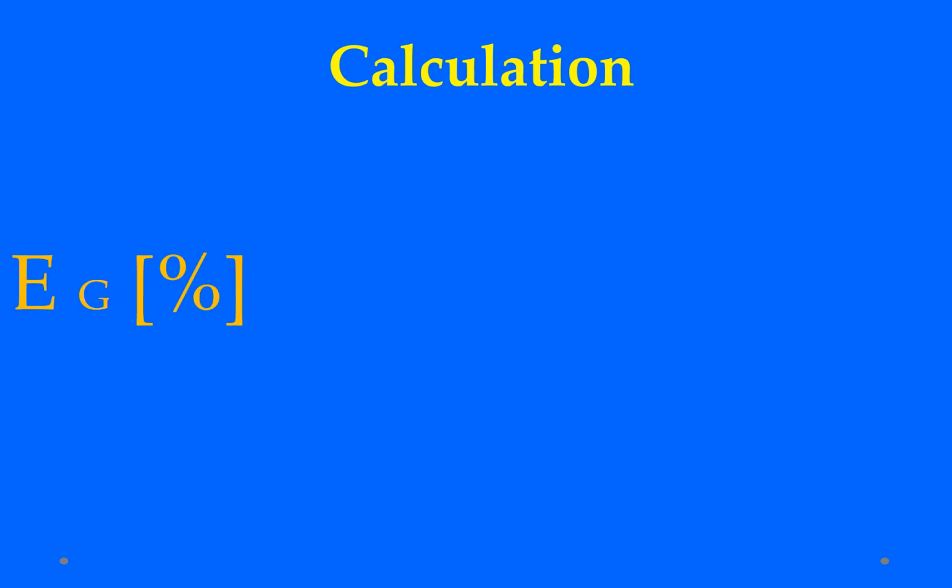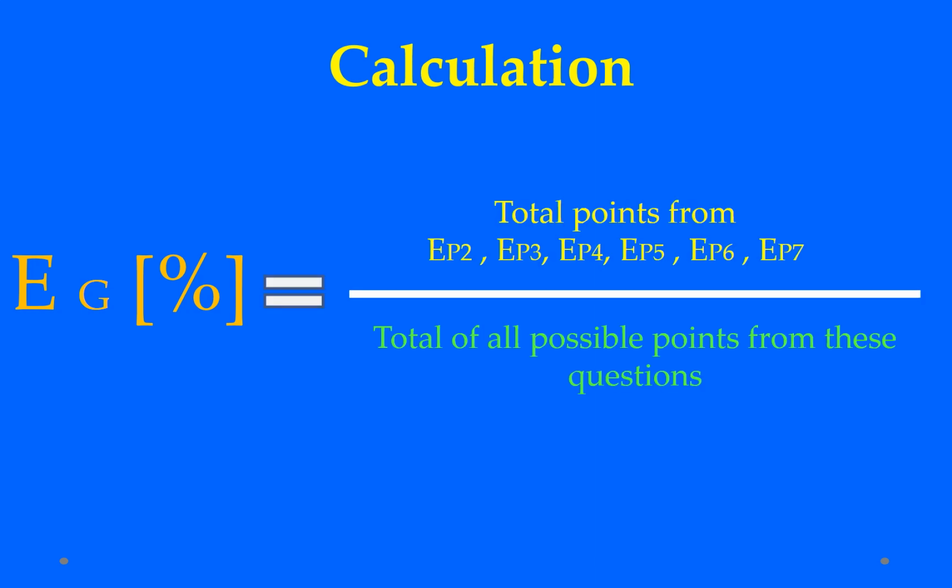The final score which gets generated is called as EG, and it is the total points from the elements EP2, EP3, EP4, EP5, EP6 and EP7 out of the total of all possible points from these questions, and we get a percentage score out of this.